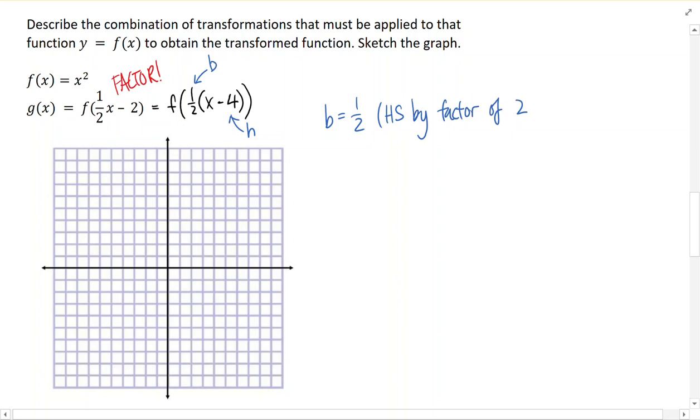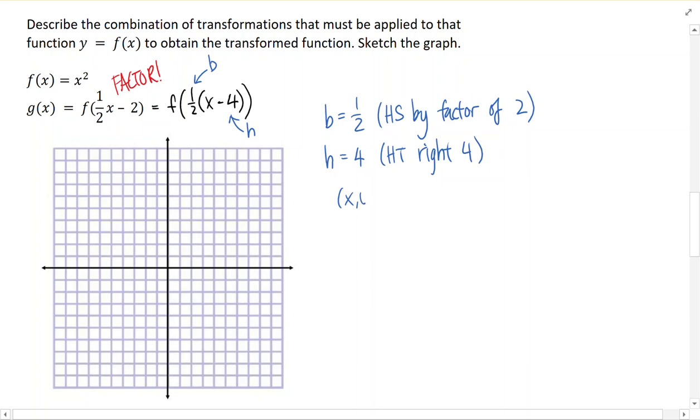So you're actually expanding, even though b is half. And h, remember, with horizontal translation, you need to take the opposite. So h is actually 4, and we're dealing with a horizontal translation right 4.